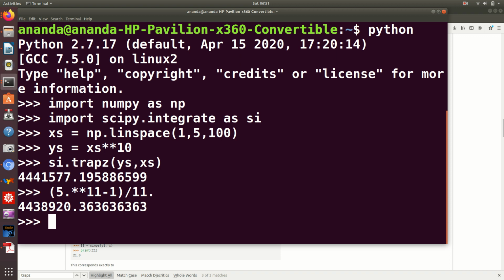So not too bad, given the fact that the trapezoidal rule, of course, is bound to be exact only for linear functions, and x to the power 10 is really very far away from a straight line. The trapz, of course, uses trapezoidal, and now we have something else called simps.